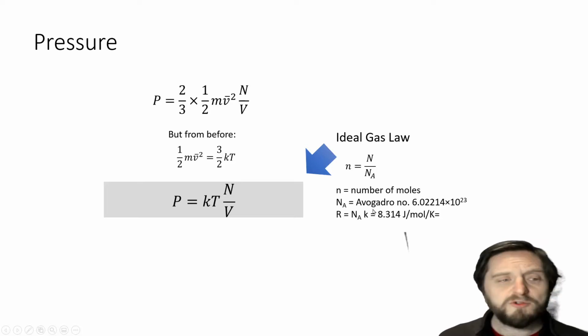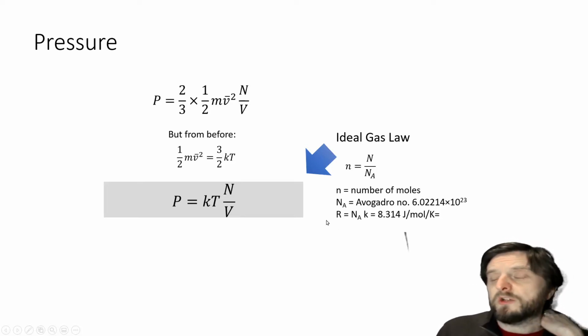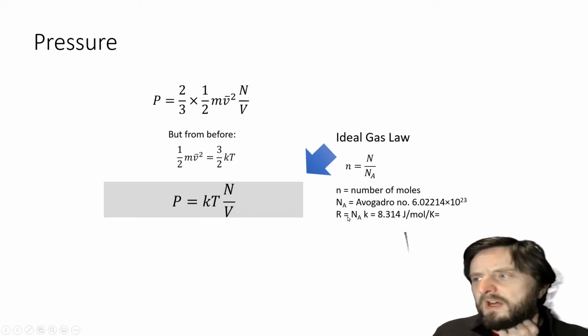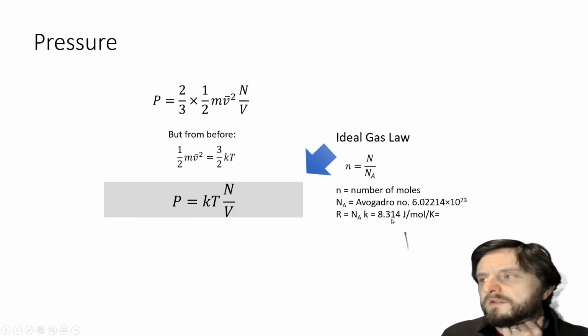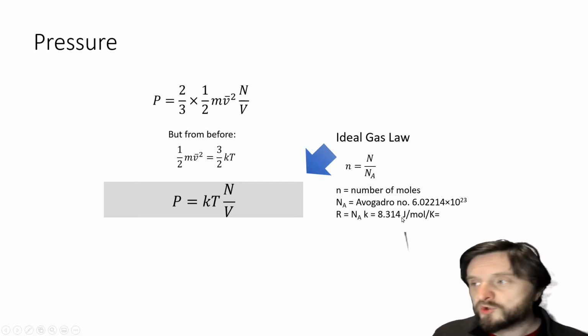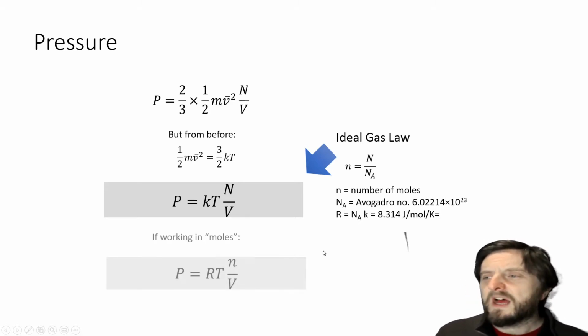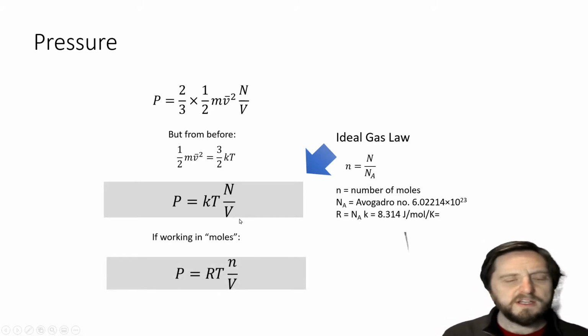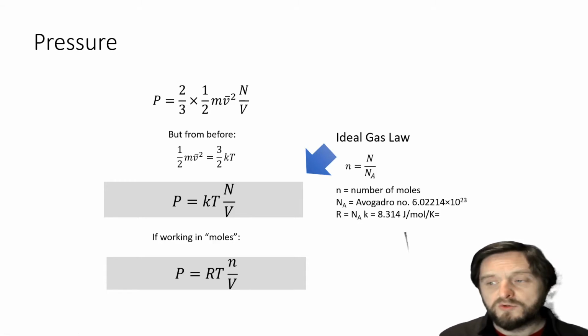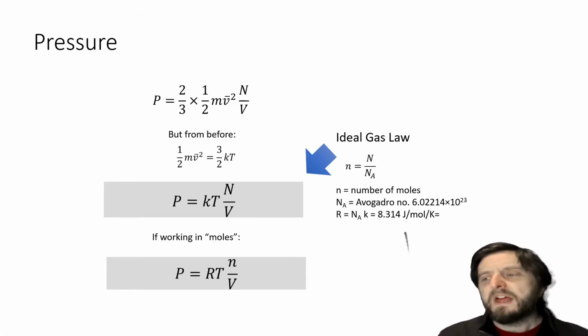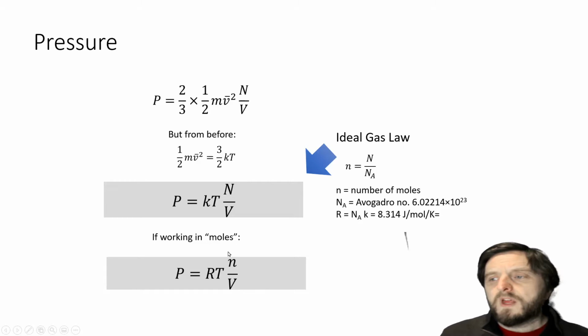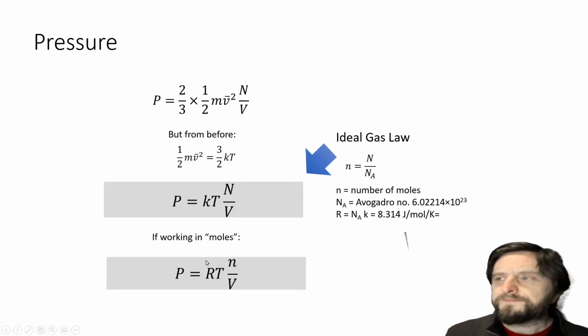We then also replace Boltzmann's constant with something called the gas constant, which is just 8.3 joules per mole per Kelvin. And then we rewrite this equation like this: PV equals nRT, where n is now the number of moles and R is the gas constant.